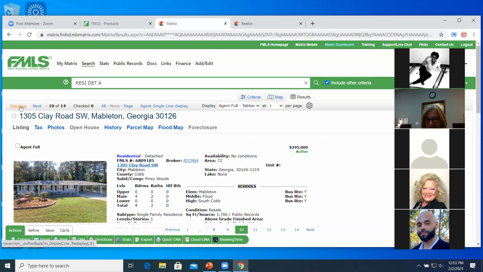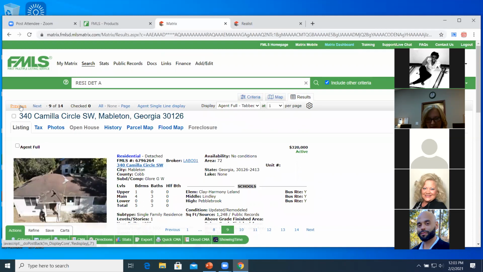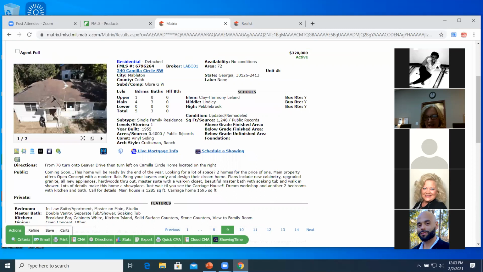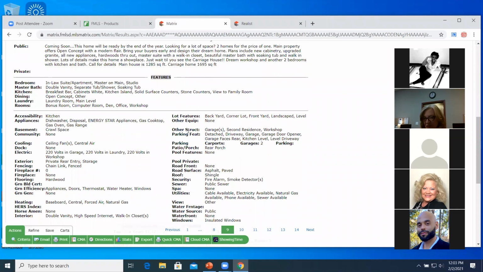1,700 square feet listed at 295. This one's kind of weird. 320,000. It's only 1,248 square feet, updated, remodeled. And the reason again, I'm only looking at this competition is that these haven't sold, and are they really competition or not?